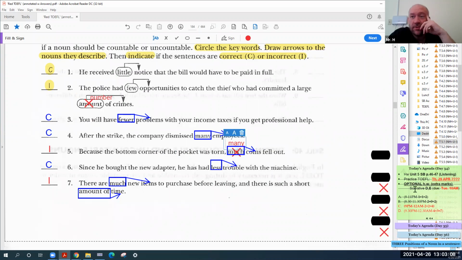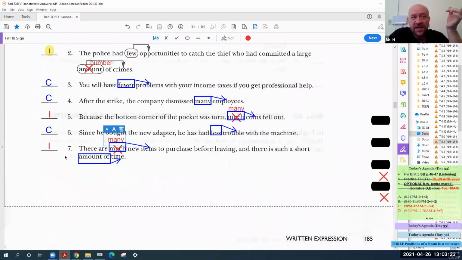How about number 7, Abdul Majid? Replace much with many. Why? Because items is countable. Exactly. Okay. What about the second one? Is the second one okay? Amount of time? Yeah. Okay.